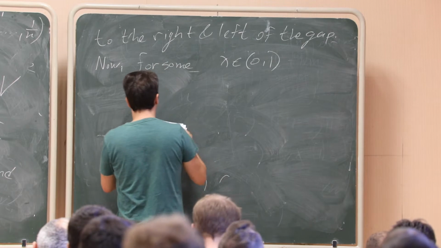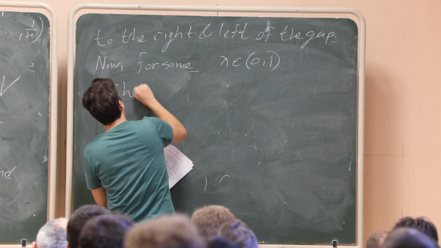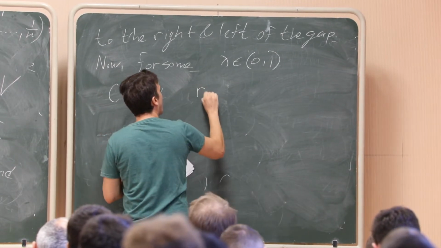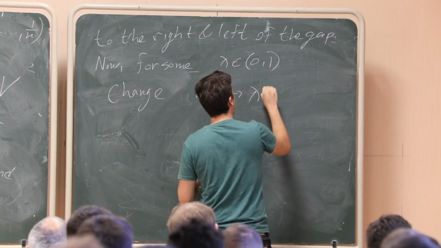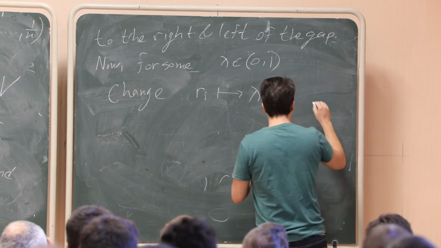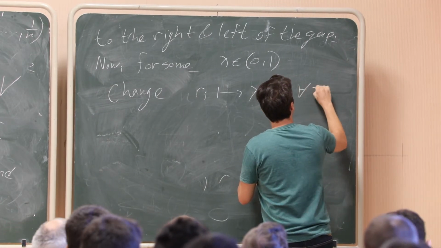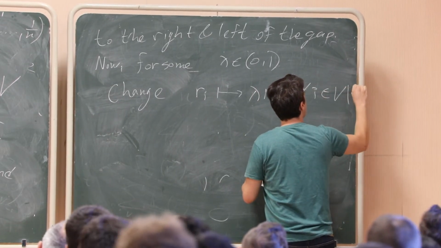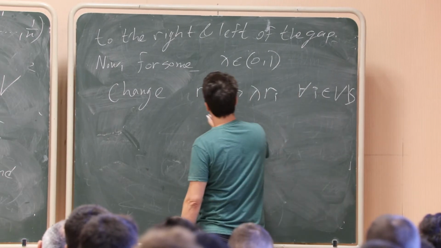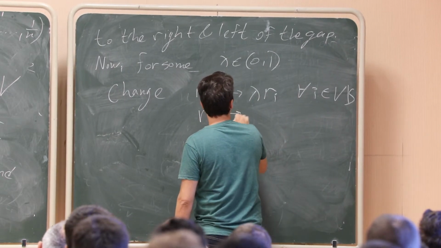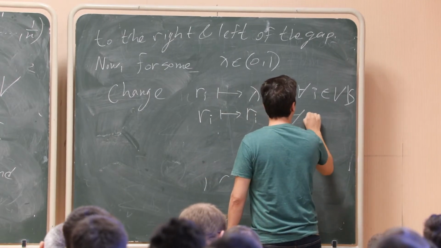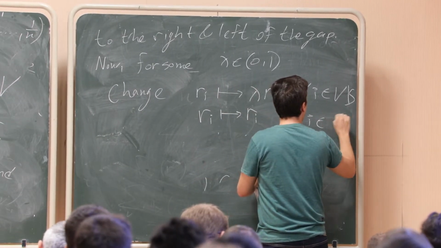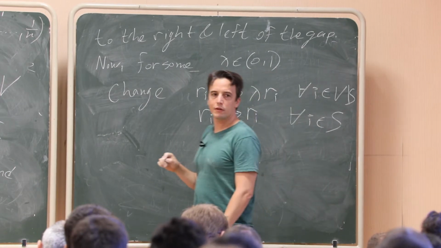I change Ri: Ri goes to lambda Ri if i is in V minus S, and otherwise I leave it the same, for i in S.